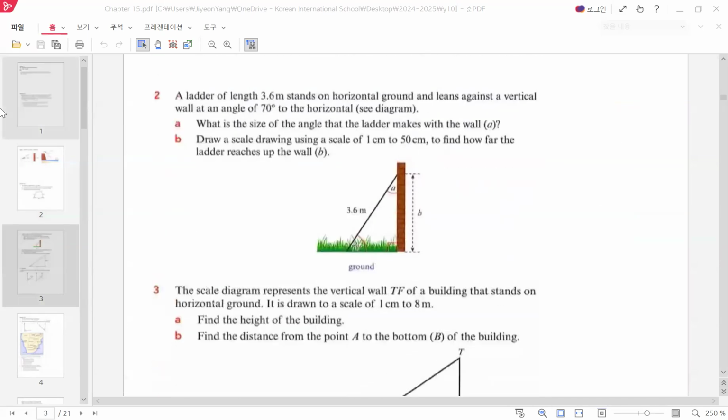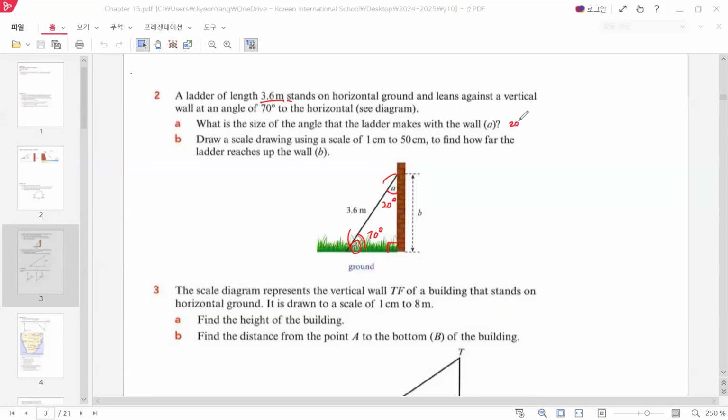Let's solve question number 2 together. A ladder of length 3.6 meters stands on horizontal ground. Just look at the diagram. This is 70 degrees, okay? It means that A should be 20 degrees because it's a right-angled triangle, right?